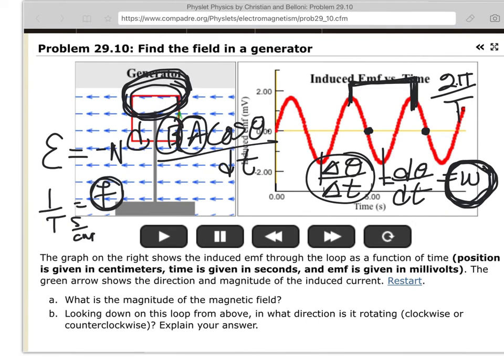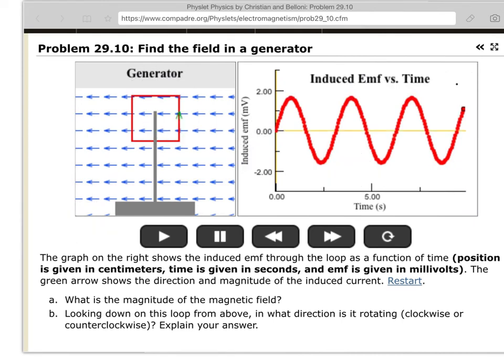And then we also, the amplitude of the wave, remember, is always measured from the center to the peak and the trough, and it goes above and below 0 by the same amount. And so if this looks like it's a little less than 2, if this were 2 millivolts, it would be plus or minus 2 millivolts. Okay, this can be a little challenging.